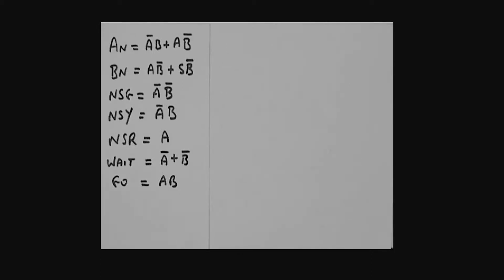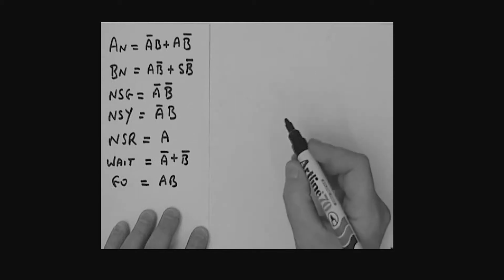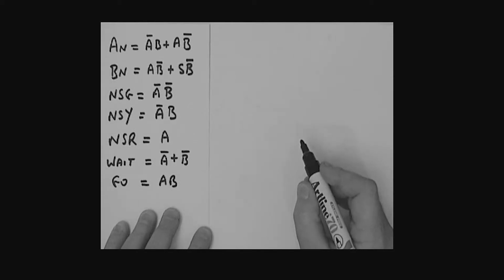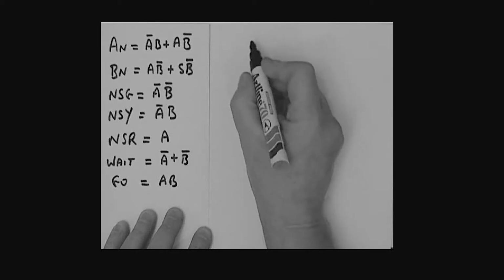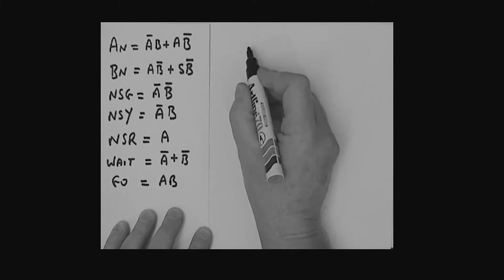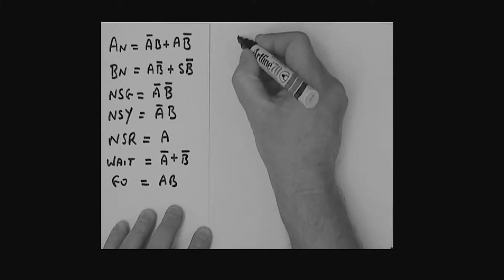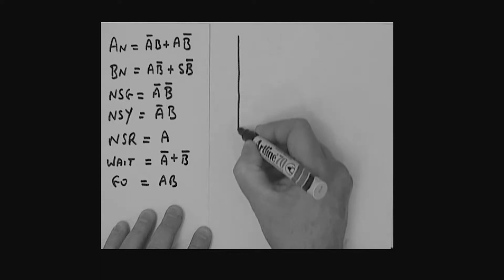Okay, so here is that set of Boolean equations which has been summarized. We've got equations for AN, BN, and all of our light conditions. Now we'll go ahead and draw the logic to actually implement those Boolean equations. To start with, I thought I would define, by way of a piece of wire, a line coming down like this.